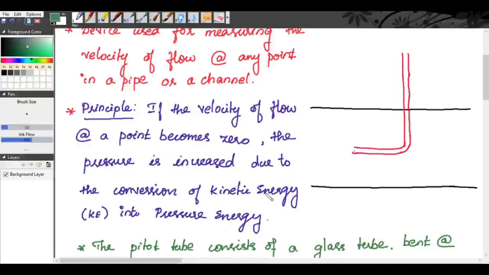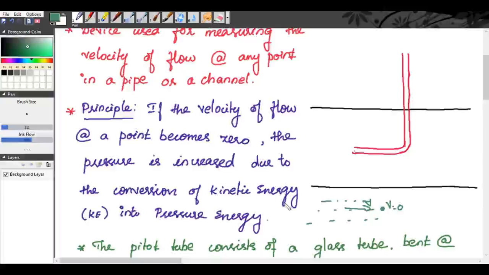That means your water is flowing in this direction, so you have some velocity. Suddenly at a particular place, if the velocity becomes zero, what happens? There is a conversion of energy.